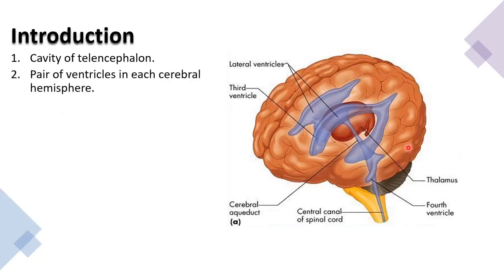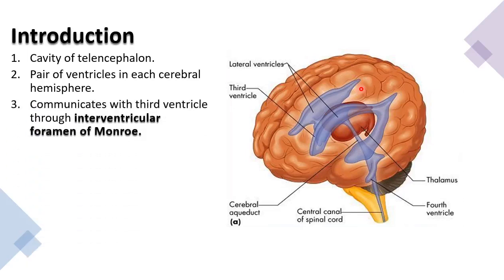Now, coming to the lateral ventricle structure, it is the cavity of the telencephalon, the large cerebral hemisphere. It is a paired structure, so each cerebral hemisphere has a lateral ventricle.